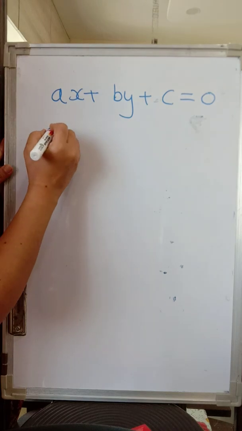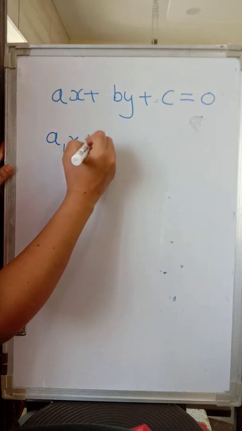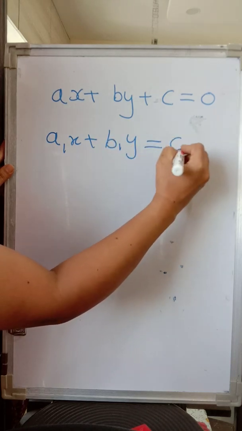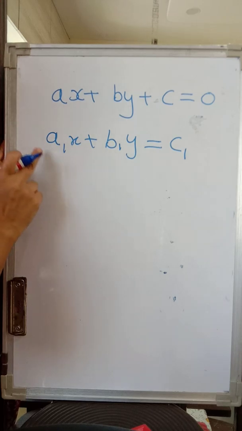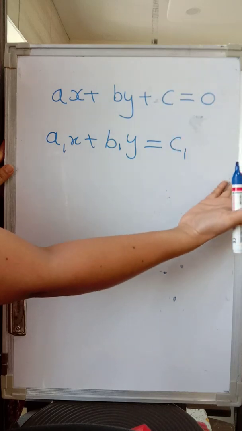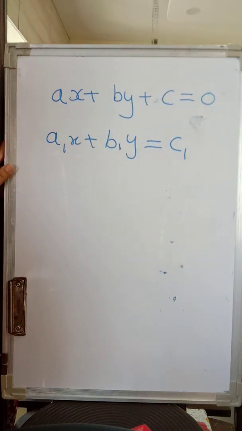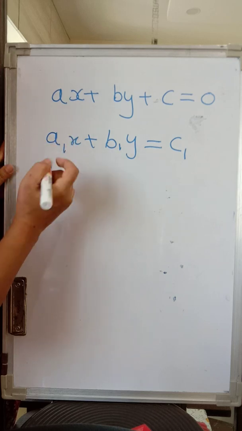So for both the equations, for example, a1x plus b1y is equal to c1. This is the form which is expected for Cramer's rule. C should be on the right hand side of the equal to sign. This is the standard form of a linear equation, and this is what we expect to convert to, to solve the equations by Cramer's or the determinants method.